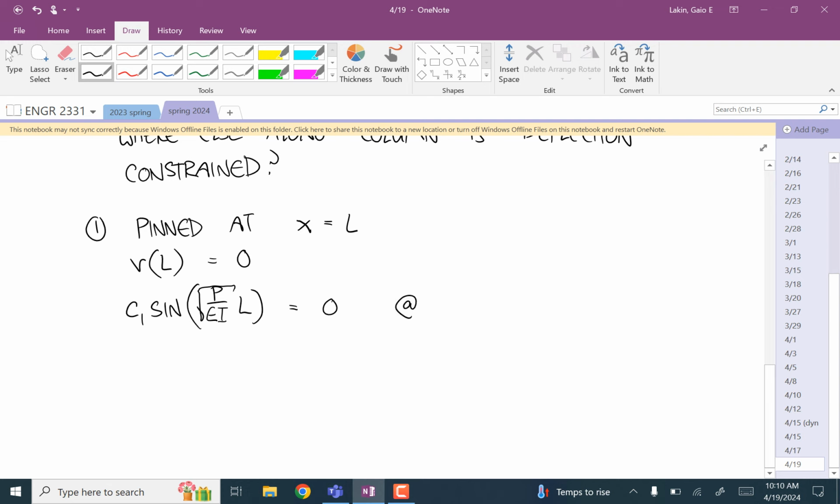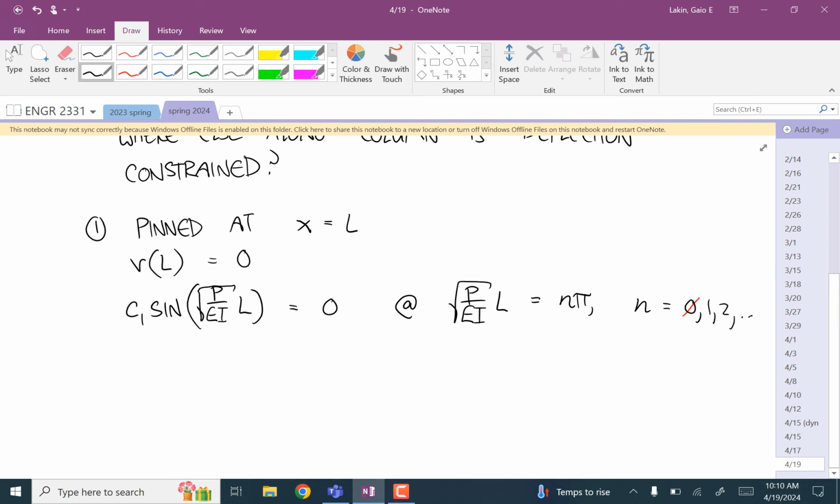And we know that that's true where this argument, square root of P over EI times L, is equal to n pi, where n is equal to 0, 1, 2, and so on. And again, this represents a trivial solution, so we'll ignore it.